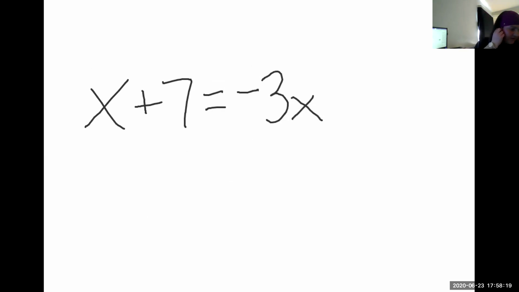Now, how we want to isolate this is we have to subtract x from both sides, because we want all of the variables on one side so we can figure out the equation. So we would subtract x from this side.